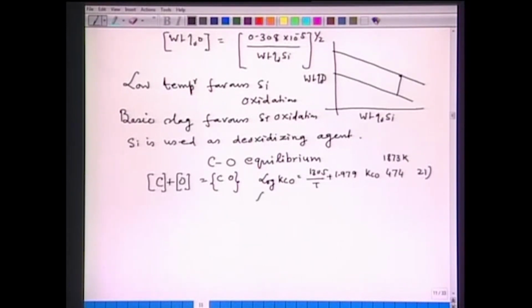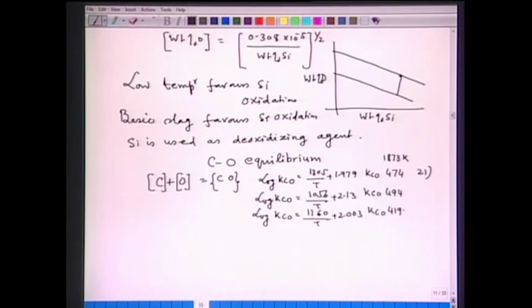Now, if I take another source, which gives log of KCO equal to 1056 upon T plus 2.13, here I get KCO 494. If I take yet another source, log of KCO equal to 1160 upon T plus 2.003, here I get KCO equal to 419.